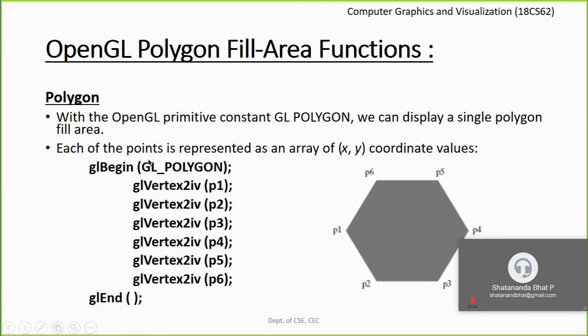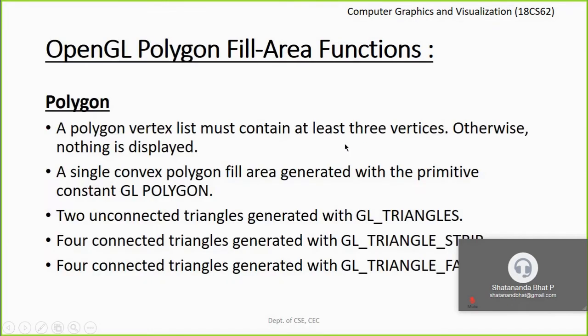The only thing we have to remember is the name of the primitive constant, which is GL_POLYGON. It should be specified within the glBegin and glEnd pair, and within that pair, we specify the vertex positions using the function glVertex2iv: 2 for 2 dimensions, i for integer, and v for representing that we are referring to a vector or an array.